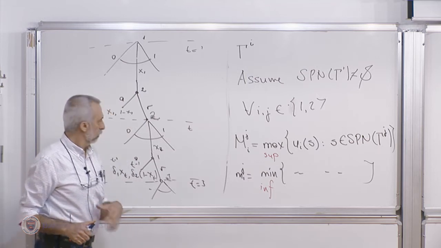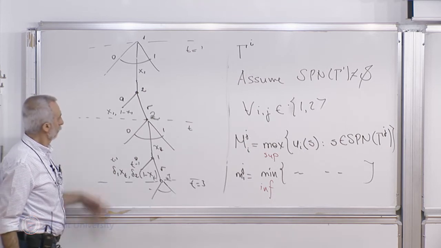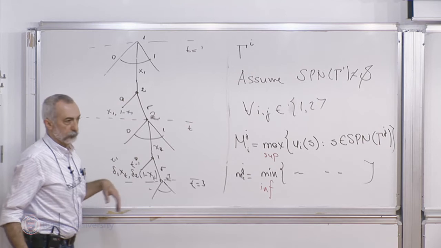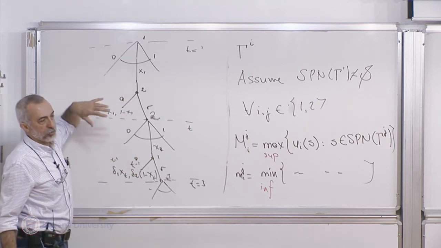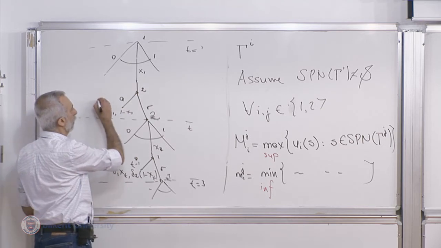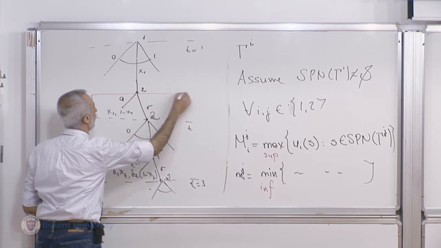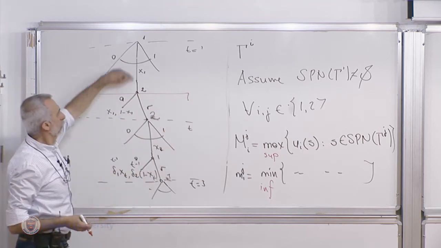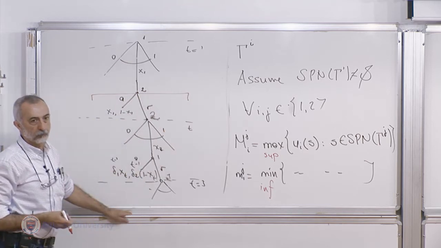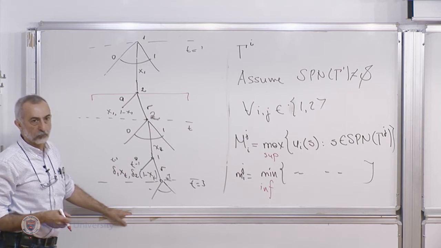Now, we said, let's look at this game and analyze the behavior of player 2. So I'm looking at the subgame following an offer of agent 1. So what could agent 2 do at a subgame perfect Nash solution?